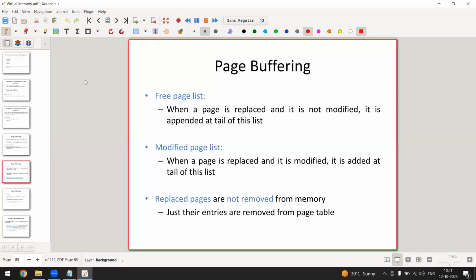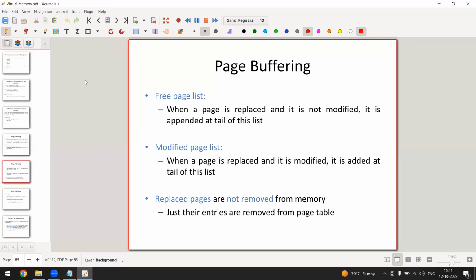So what is the benefit if you do it like this? The benefit is that later on, if you want these pages back, you don't have to generate a page fault, and you can directly get them from one of these lists. The lists are classified based on the nature of the page.